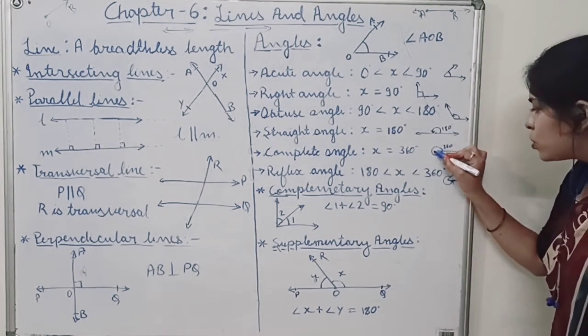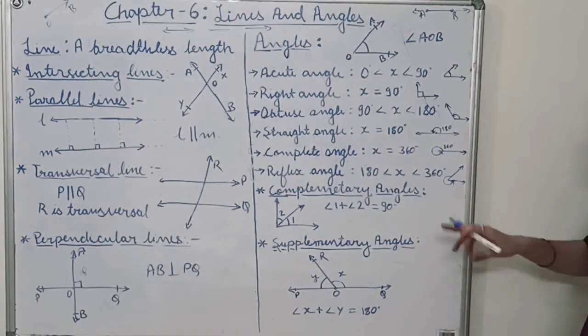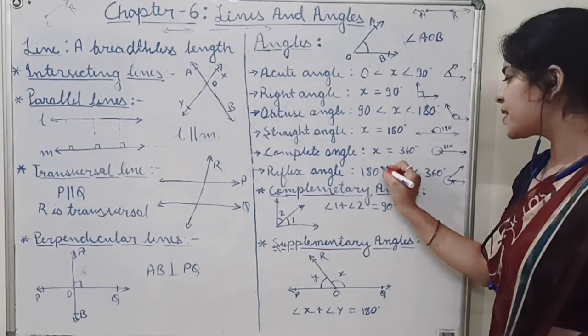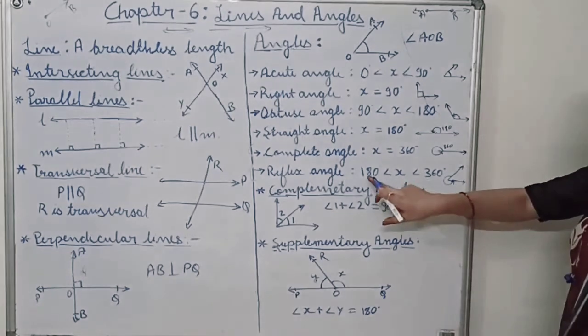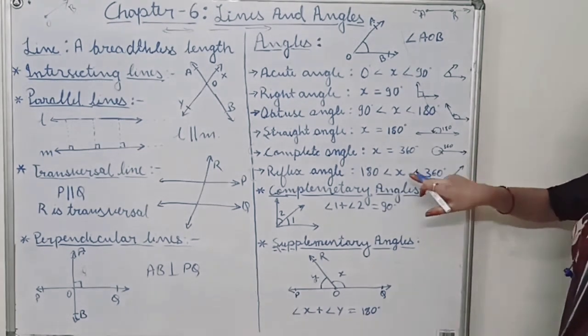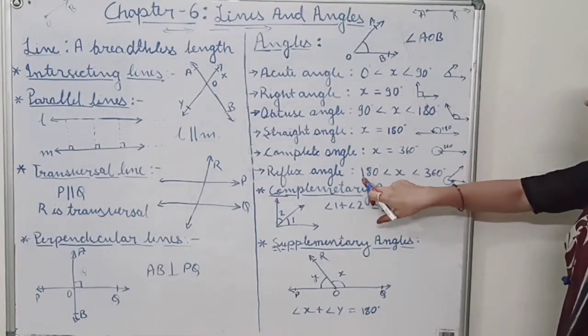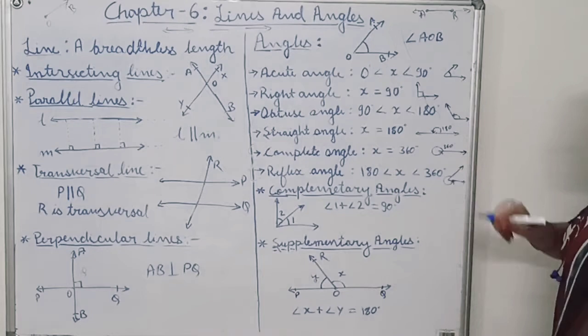An angle whose measure is 360 degrees is called complete angle. Now reflex angle. Reflex angle: an angle whose measure is between 180 degrees and 360 degrees. Okay, means greater than 180 degrees and always less than 360 degrees. So this is reflex angle.